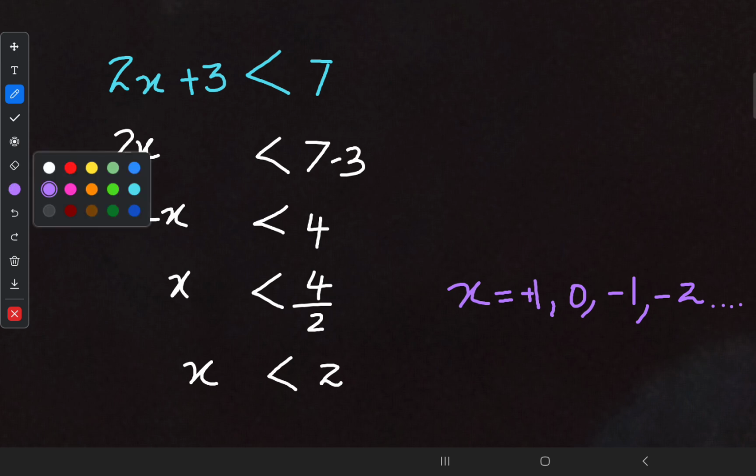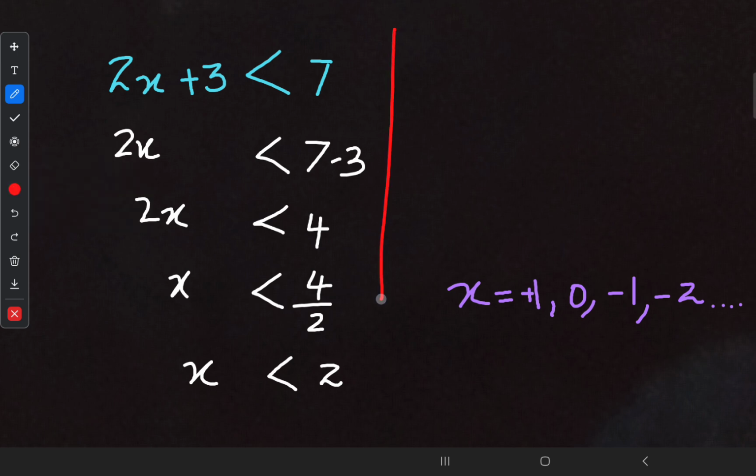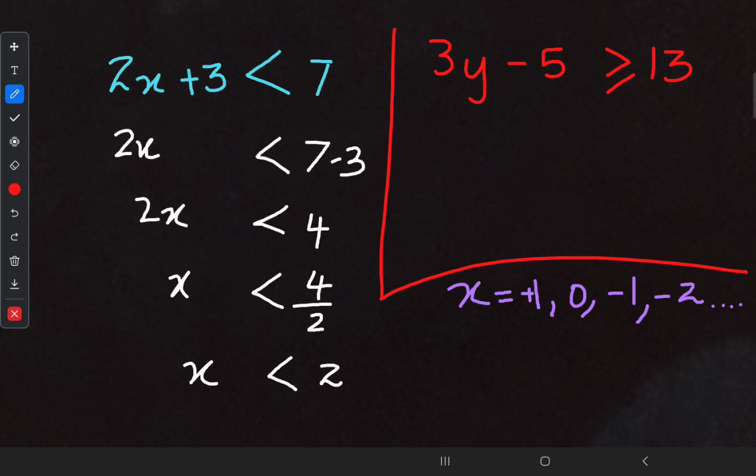Let's do another similar example: 3y - 5 ≥ 13. This is our question. Let's see how to solve this inequality to get our possible outcome.